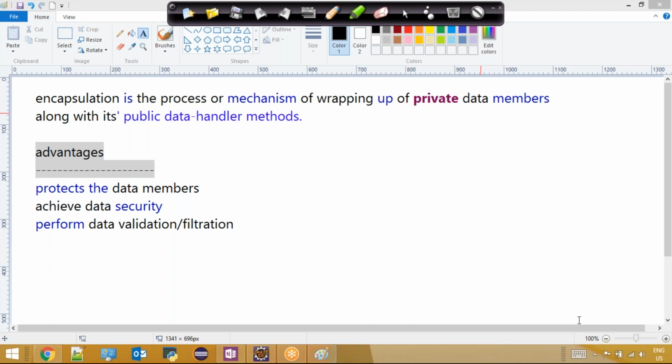After that, Adarsh is asking, sir, exception handling. After that, all other concepts come after the collection framework concept.